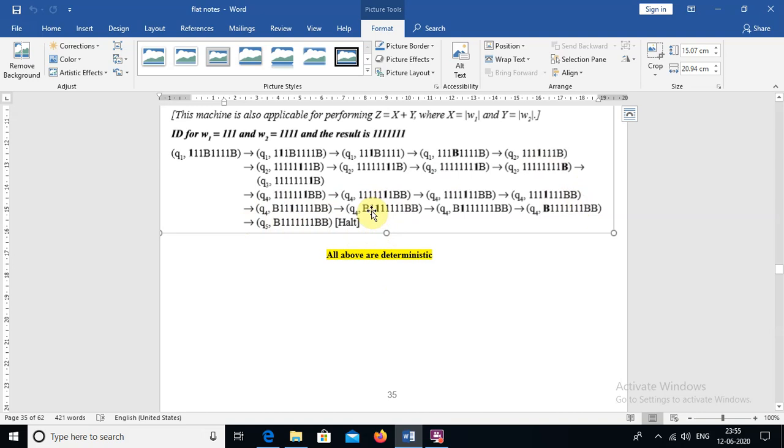Finally we traveled all the ones, and we visited a blank also. There we can place one or we cannot, that is not a big deal here. When we place a blank here and move to the right, then we can go to the halt state. So that is how the concatenation operation can be represented with the Turing machine.